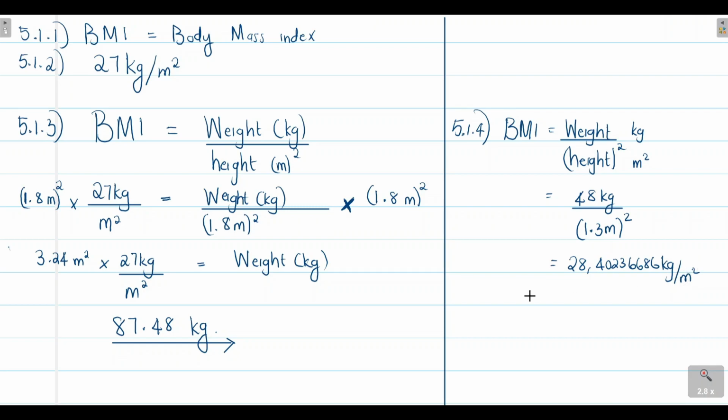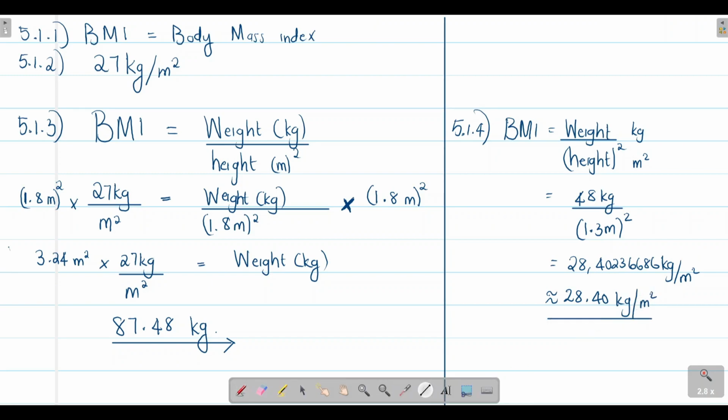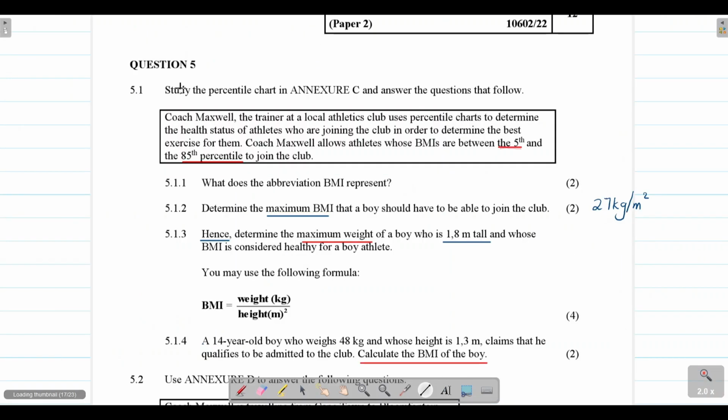If you round this answer off to 2 decimal places, you'll find that this boy's BMI is equal to 28.40 kilograms per meter squared. Then we're basically done, because they just wanted you to determine what his BMI is. They didn't ask you to verify whether he can be admitted to the club. So that is it for question 5.1.